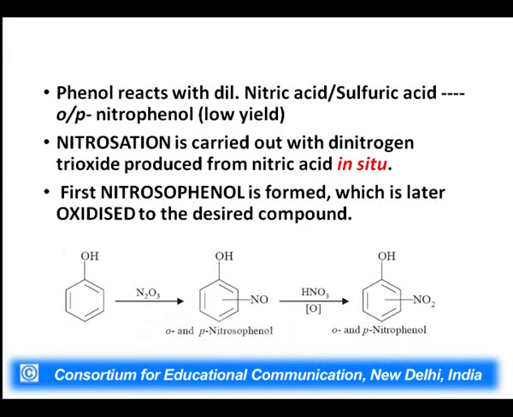So first what we get when we do the reaction with dinitrogen trioxide is ortho and para nitrosophenols, and these ortho and para nitrosophenols, on reaction with dilute nitric acid, are converted to orthonitrophenol and paranitrophenol.